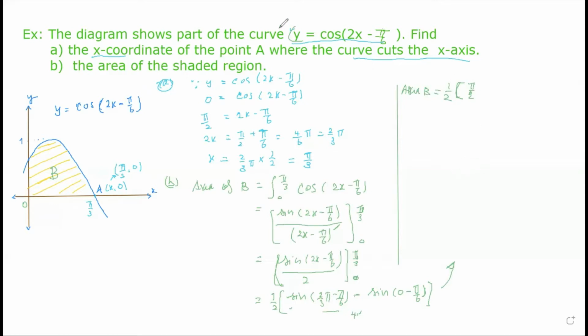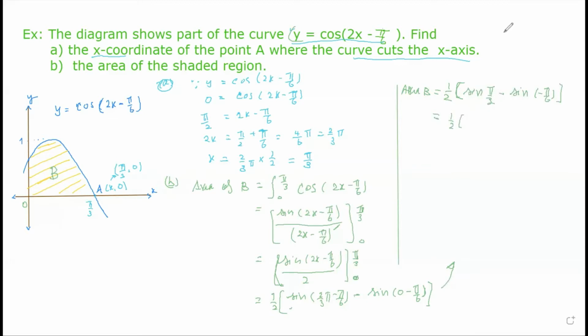So we are going to write this down as sine pi over 2. Okay, and then minus sine of minus pi over 6. Close the bracket. Then simplify, this is going to be 1 over 2.